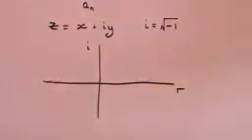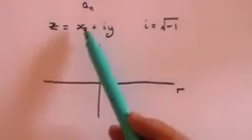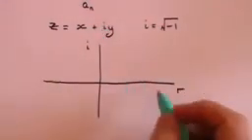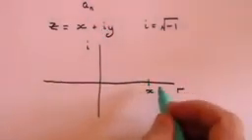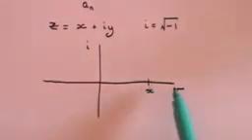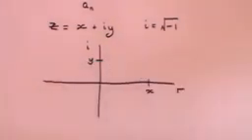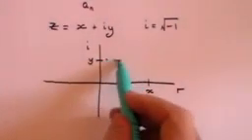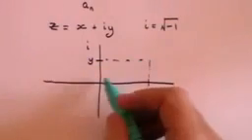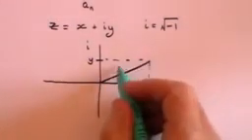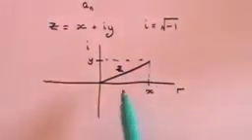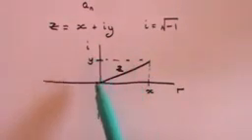So if we have a vector that is x plus iy, that means that we show x, which is the real number, on the real axis, and we show y, which is the value of the imaginary number, on the imaginary axis, and that means that the actual vector itself, z, will equal x plus iy.